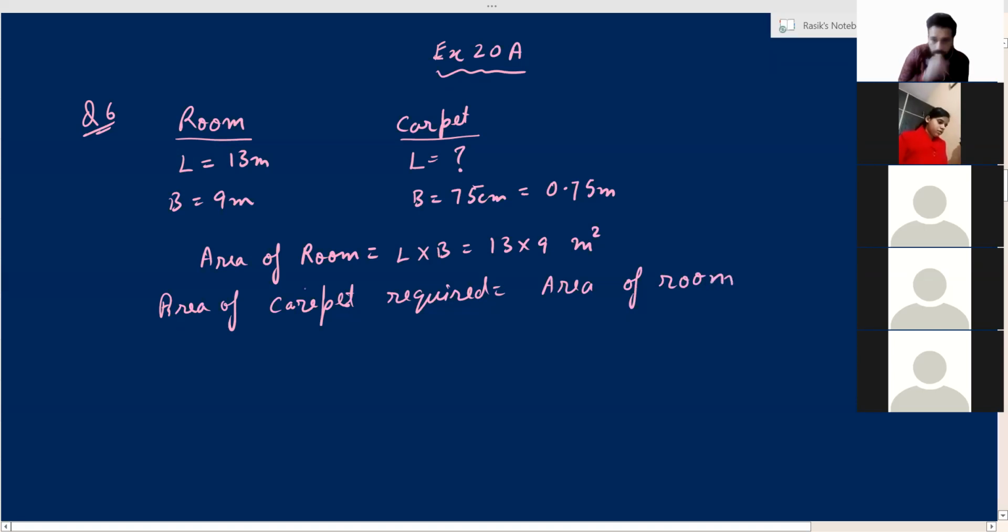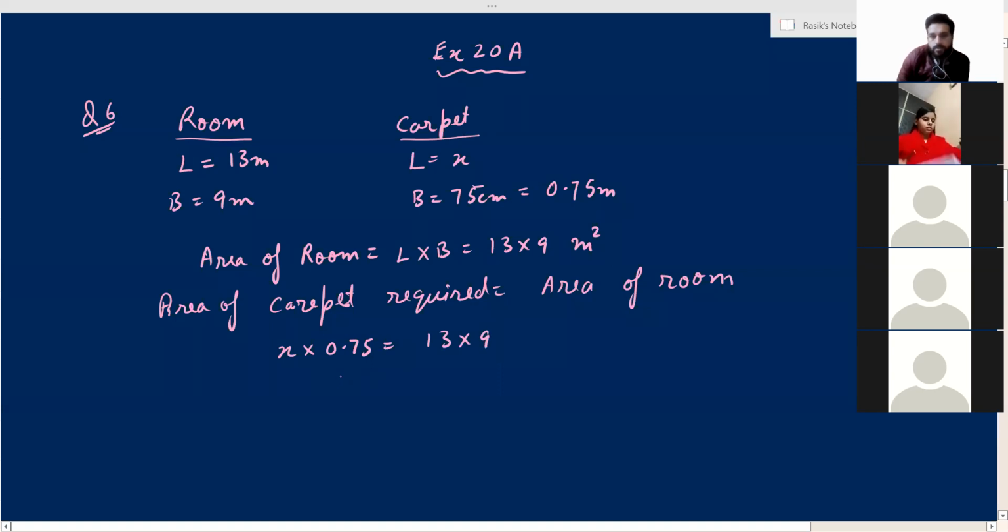And what is the area of the carpet? Let the length of the carpet be x, which is not given. So the area of carpet is x into 0.75. Area of room is 13 into 9.